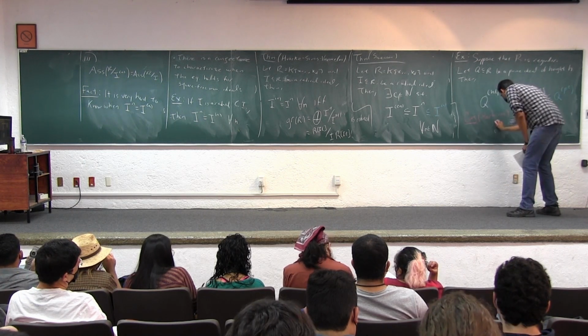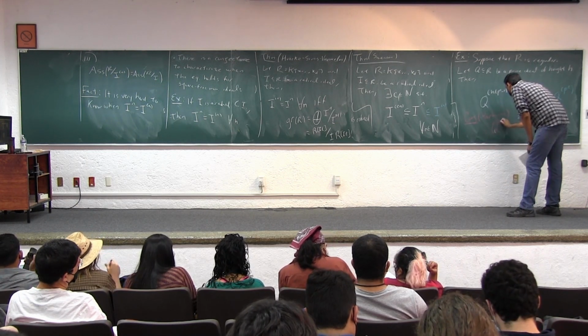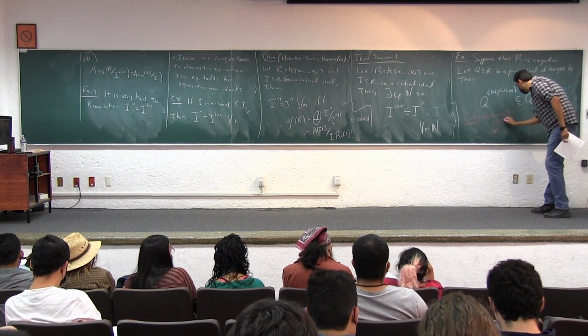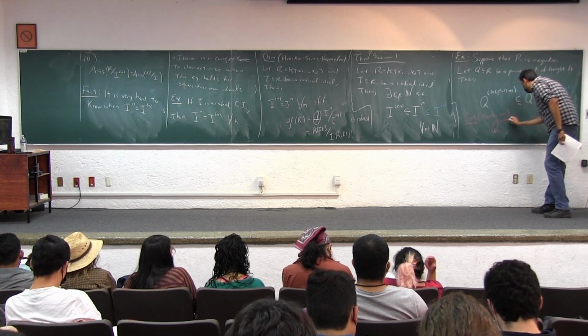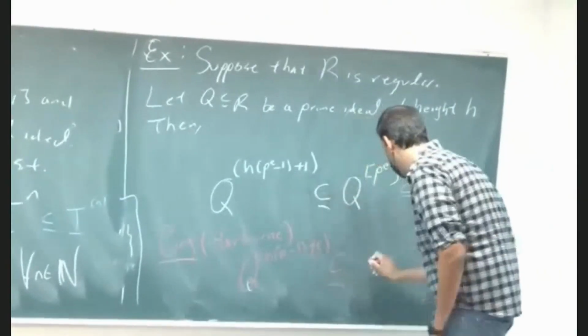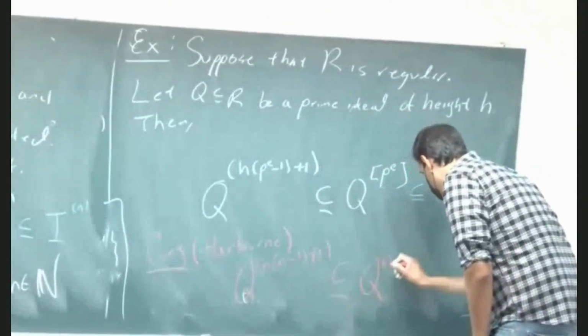There was Q symbolic H n minus 1 plus 1 is contained in Q to the n for every n. That would be tempting, no? Because it happens for p to the e, it may happen here.